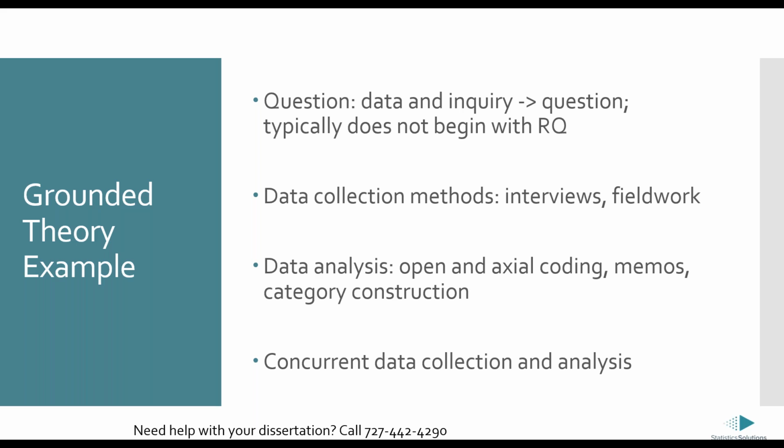And so you start interviewing and you start maybe doing field work with participants, and you're generating data. And through this data collection process, you start to refine. This is where the memoing comes in. What are your participants telling you? How are you starting to group things, ideas together? And from there, you might generate a research question. And so you refine the topic and you refine the topic and you go and collect more data from more people.